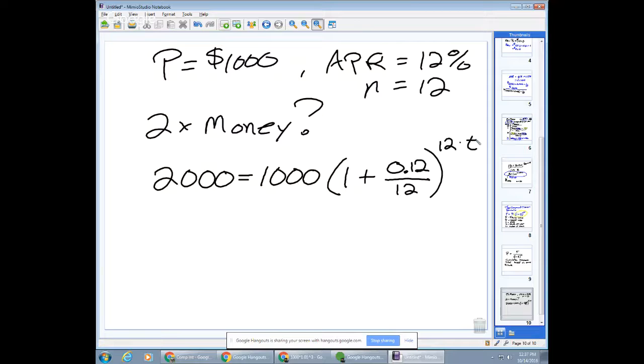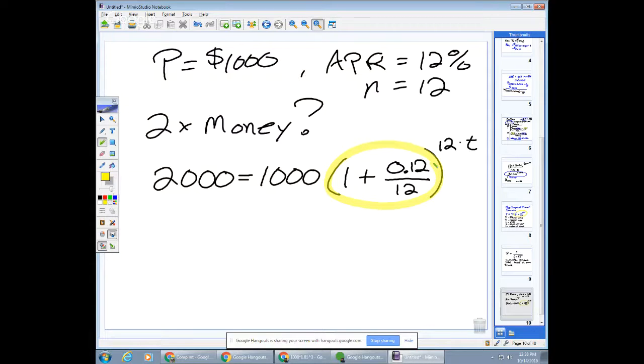So I can't plug this into my calculator yet. I've got to write it down on paper and try to sketch some things out. Okay, what things do I have control over? Well, I can clean up what's inside the parentheses. What did this clean up to be? Well, we took 0.12 divided by 12.